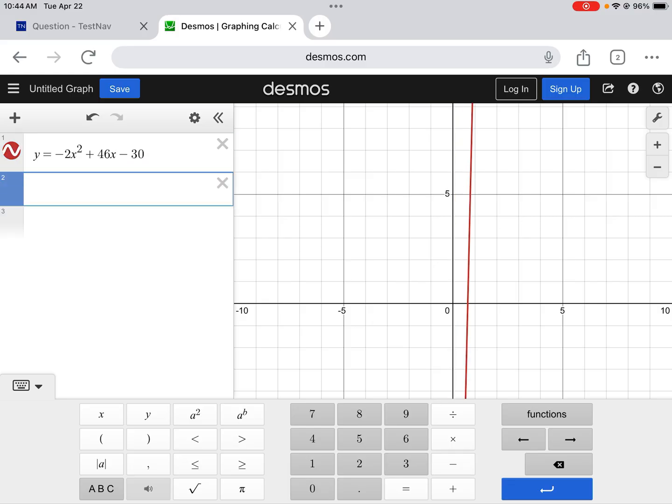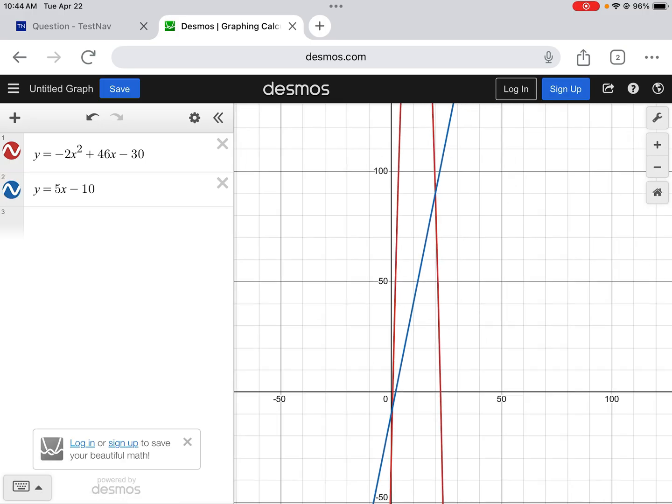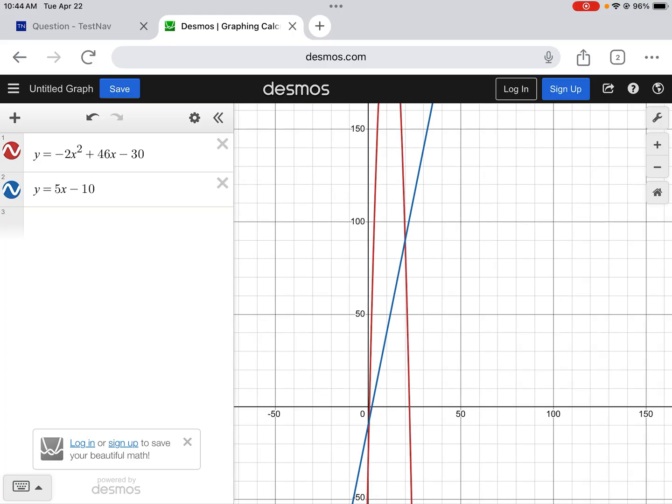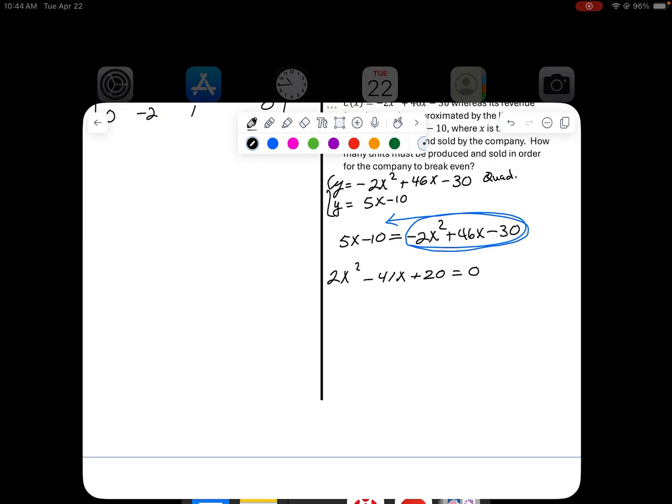And then I would put in the other one, y equals 5x minus 10. And see where they intersect. They intersect right there. The answer would be 2090. Because the other place they intersect can't happen. The other place is in the negative. So it's an application problem, so 2090 would be that answer.